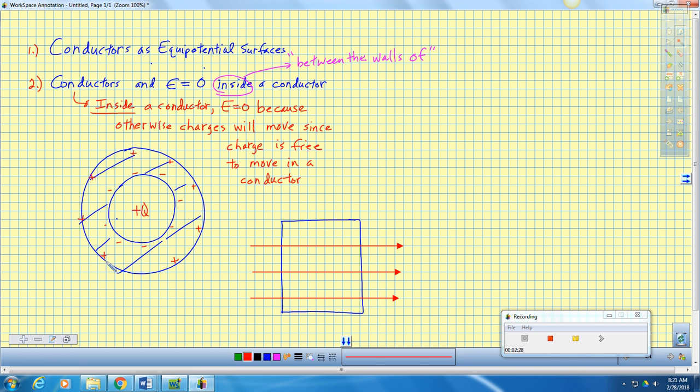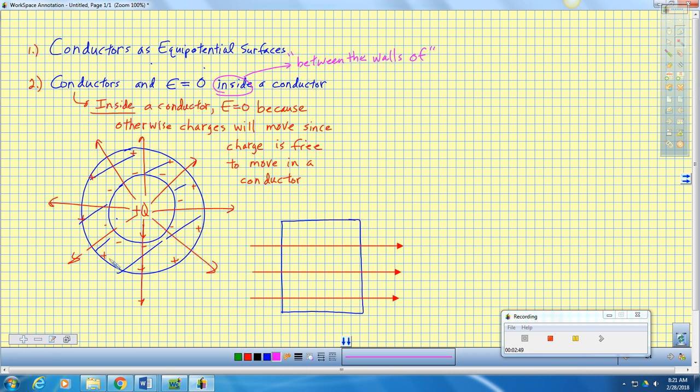What that does is it makes it so that the electric field due to this internal charge would go out and pass through this conductor. But the conductor sets up its own induced field that opposes that.